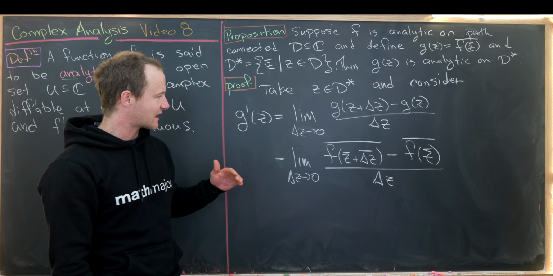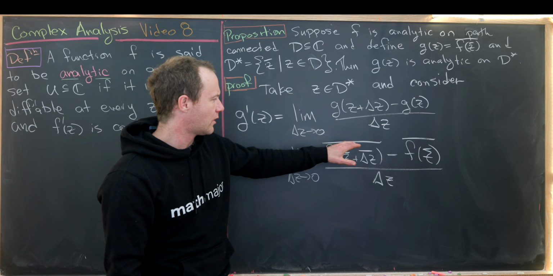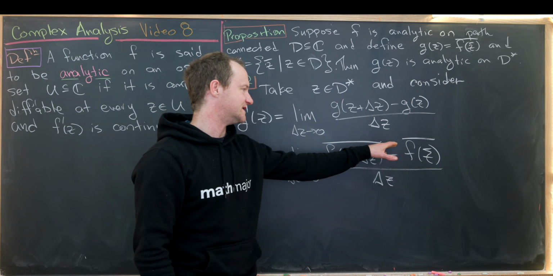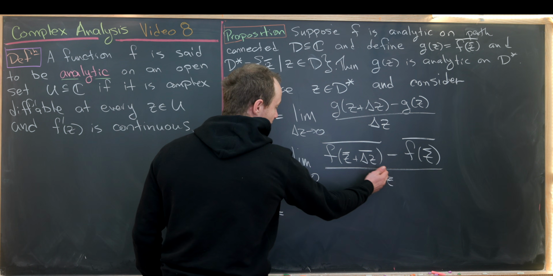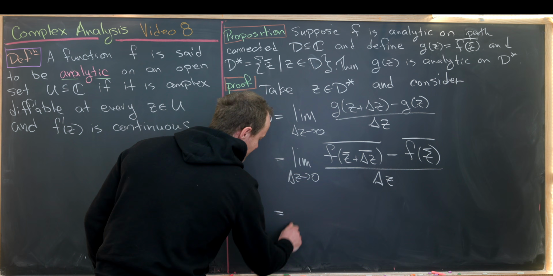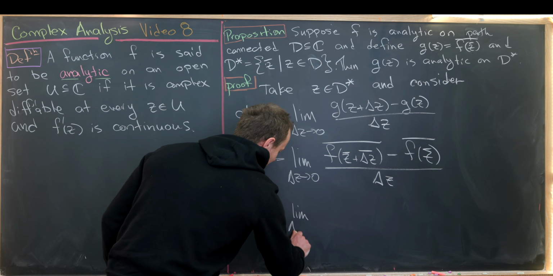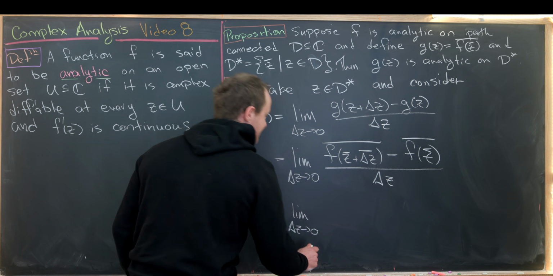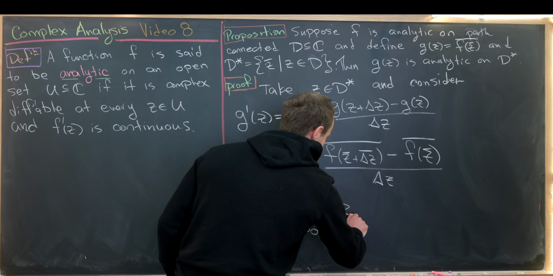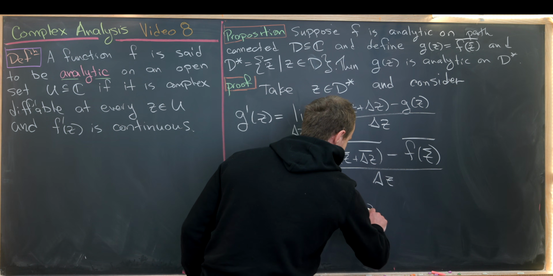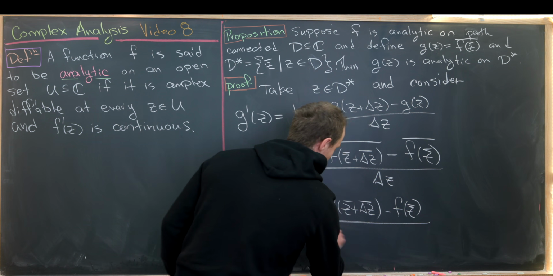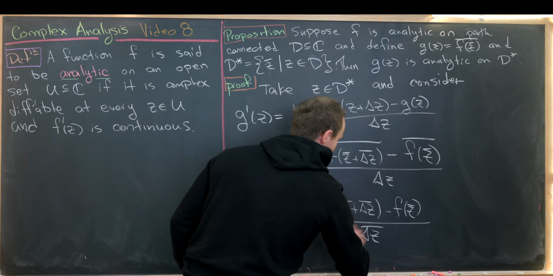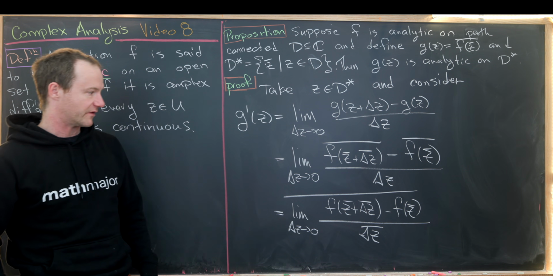And then the next thing that we'd like to do is pull this bar, which is in this difference, over the entire thing. And we can do that if we include a conjugation down here. So that's going to give us the limit as delta z goes to 0 of f of z bar plus delta z bar, minus f of z bar, over delta z bar, and then, like I said, a bar over the entire thing.